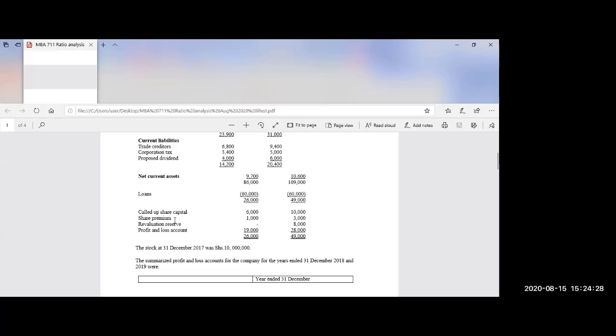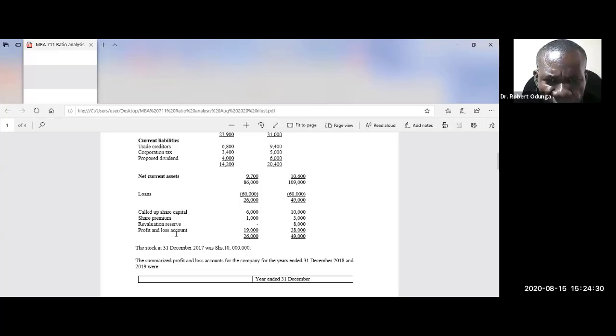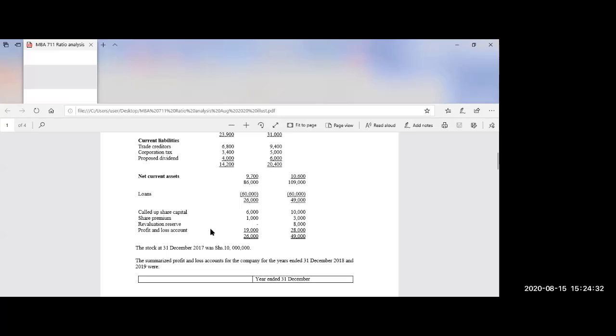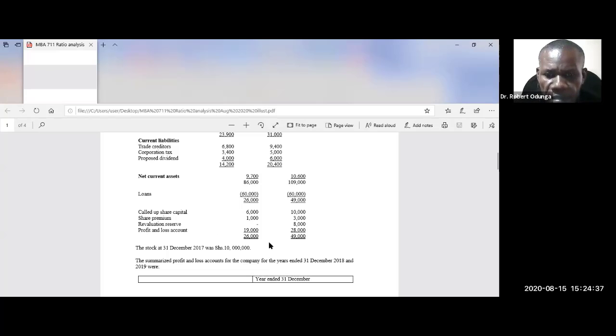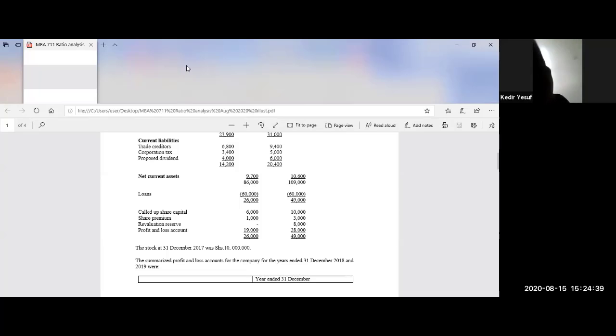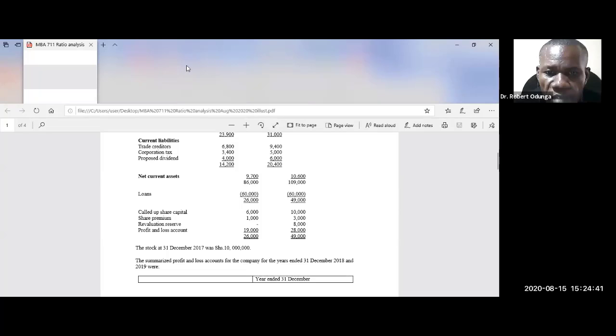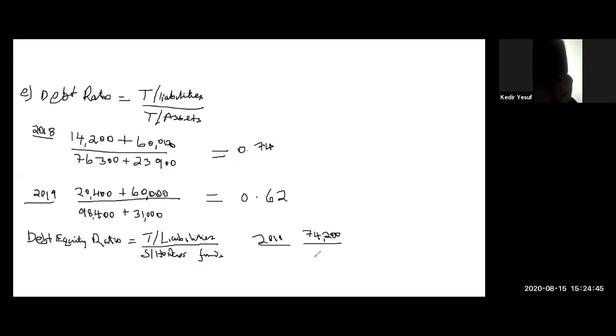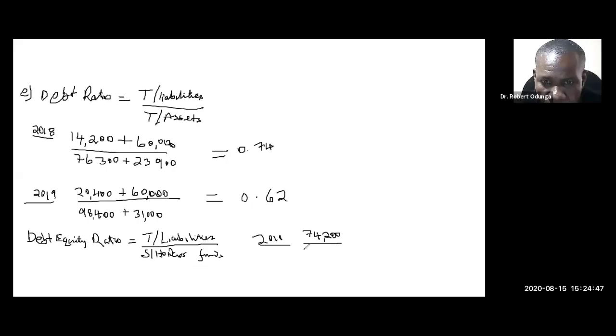Called up capital, share premium and profit and loss. So, all right. If we go back to our workings, 26,000.